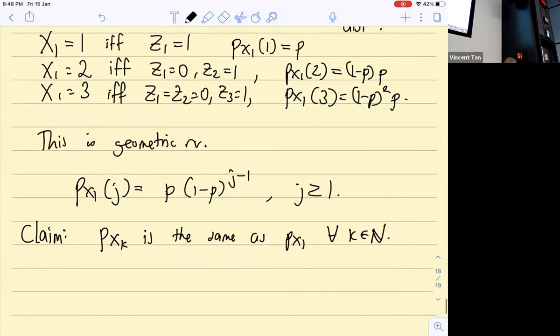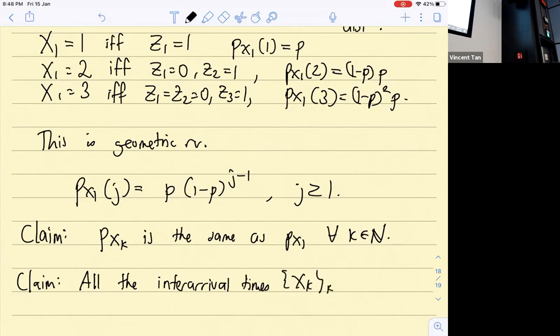This is something that one can prove. This is claim 1. I come up with my own claim: all the inter-arrival times X_k are mutually independent.